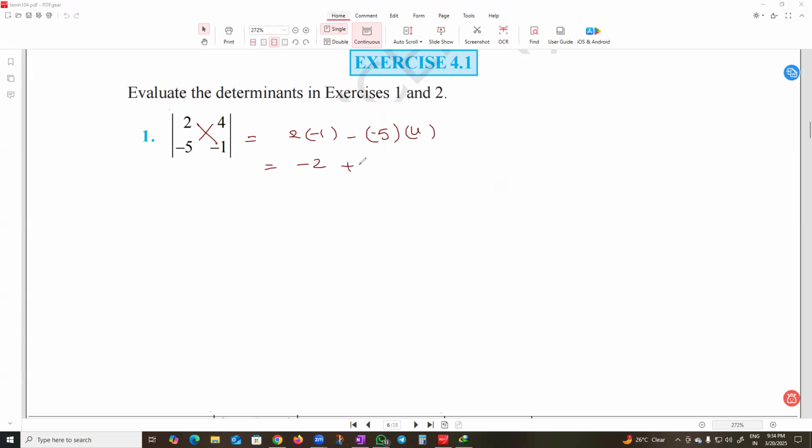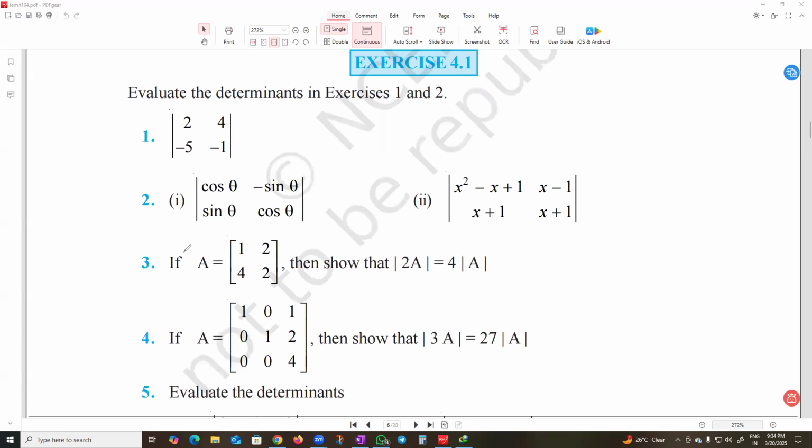So this is minus 2 plus 20, which is 18. And next, cos theta, again do the same procedure. Cos theta into cos theta, cos square theta minus of minus sine square theta, which is equal to 1. Try these questions, these are very important.